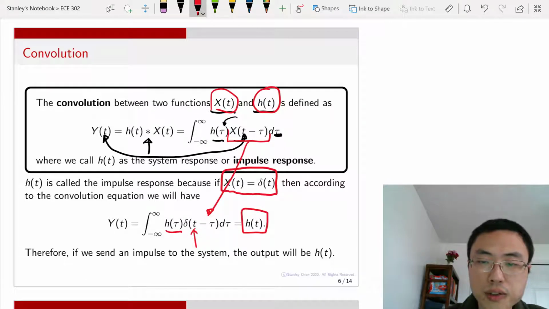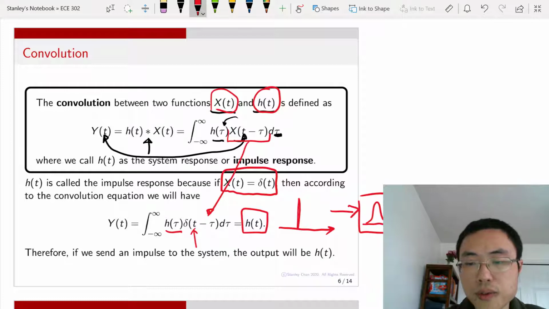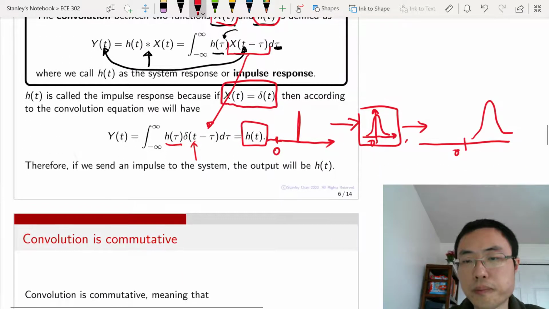What it means is that if you send the delta function as the input, you go through a system which is characterized by some function h(t), then the output will just be the shifted version of your h(t). So let's say there's a 0 here. As you send it through the system, you will get a pulse like this.